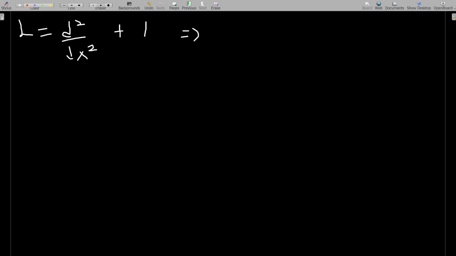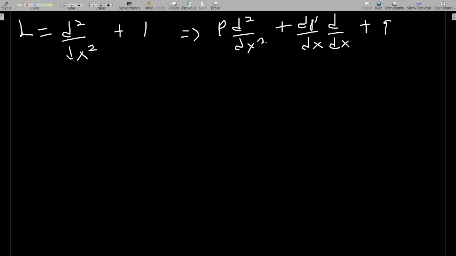So if I compare this to p d squared, rather, the general operator L for a second order BVP is p d squared ds squared plus dp dx, d dx, plus q. So if you compare these two, you can see that p is equal to 1, because 1 is the coefficient of d squared ds squared in this.